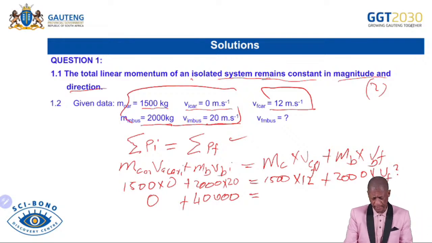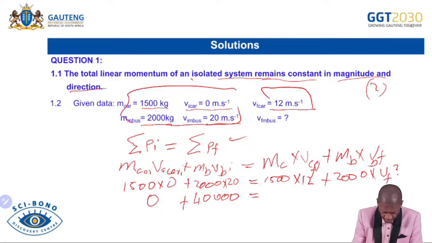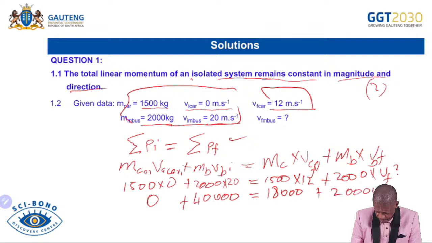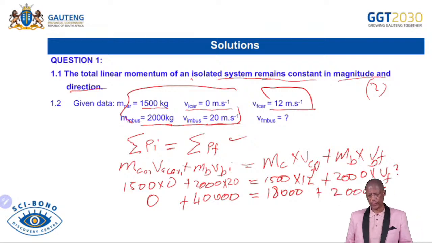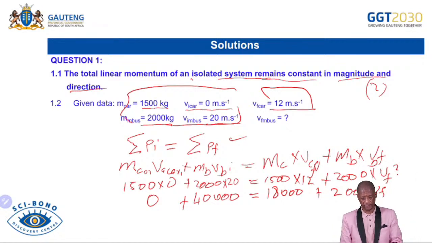Then we have 1,500 multiplied by 12, which gives you 18,000, plus 2,000 VF, the one that we don't know.